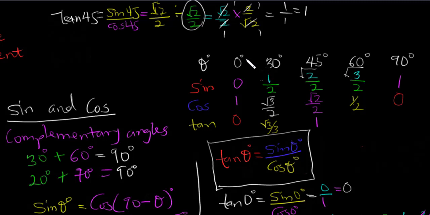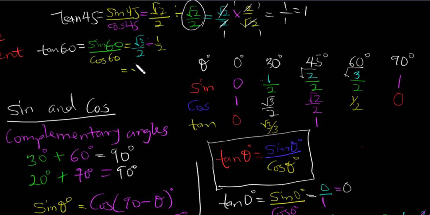Okay, now let me go to tan 60 degrees. Tan 60 degrees can also be expressed as sine 60 degrees divided by cos 60 degrees. Sine 60 degrees is root 3 out of 2 divided by cos 60 degrees, and cos 60 degrees too is half.